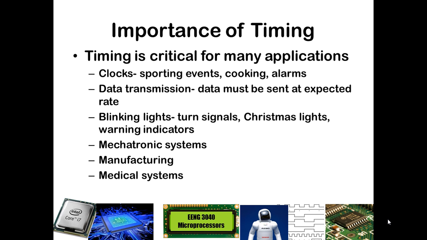Cooking, things are critical in terms of timing. If you set your microwave to run for 2 minutes to heat up a dish, you want to make sure that it is in fact running for 2 minutes, not 20 minutes, not 2.5 minutes, but the amount of time that you set. If you have certain alarms that are supposed to go off after a certain amount of time, you can think about an alarm clock in the morning needing to go off at whatever time you specify, or you could have other alarms that are set to go off based on certain times.